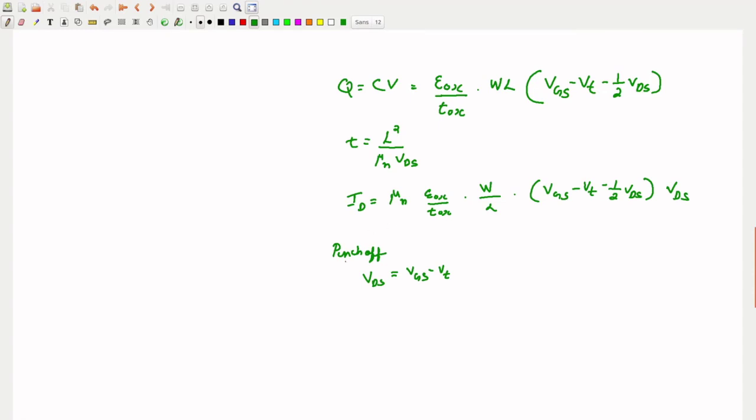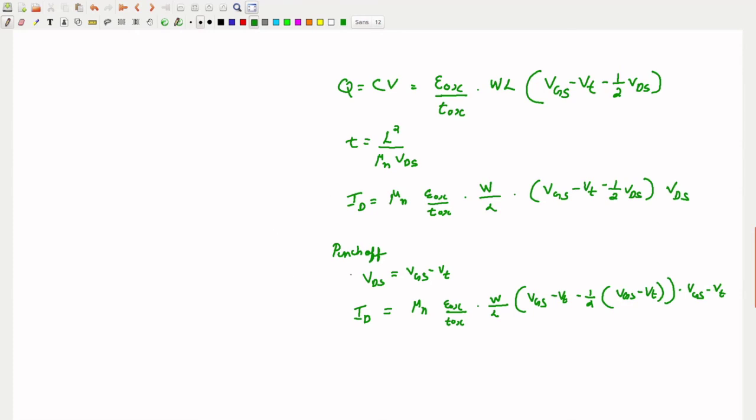Now if we apply this in our drain equation, we will have the ID or IDS, invariably we can call it ID or IDS, is equal to mu n epsilon OX by TOX, W by L, VGS minus VT minus half of VGS minus VT, into VGS minus VT, since VDS is equal to VGS minus VT.